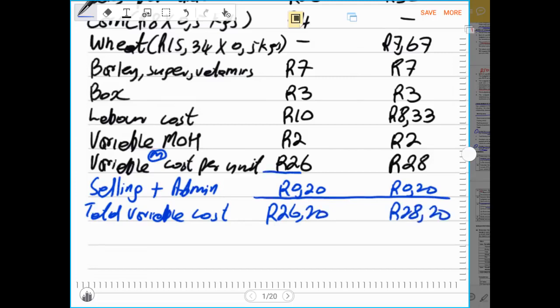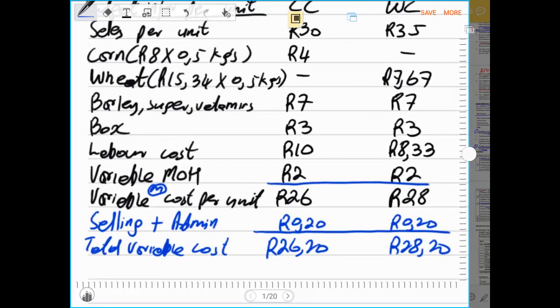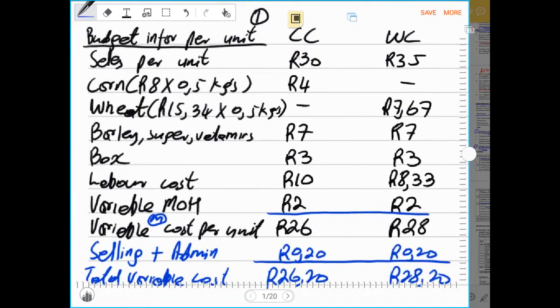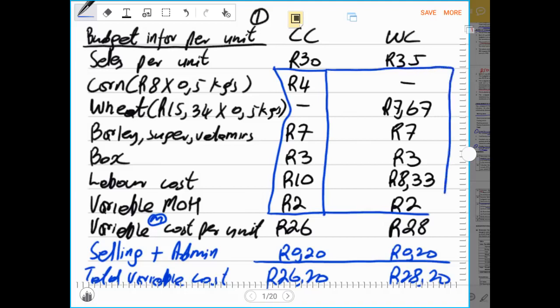Remember, let me draw a line here. We still need to draw a line here indicating that these costs are separate. They are variable manufacturing and the others are variable non-manufacturing.